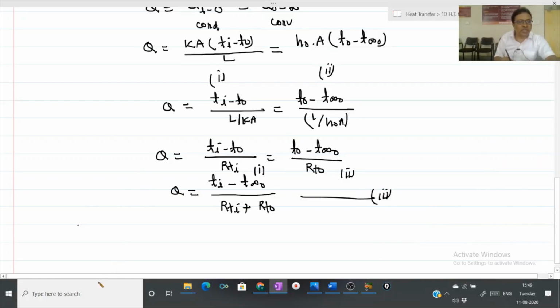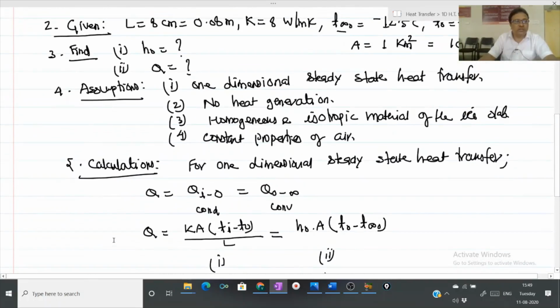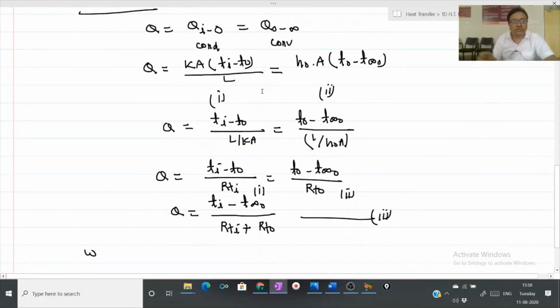Okay, now what I am supposed to calculate? I am supposed to calculate the value of convective heat transfer coefficient ho and then Q. So let us find out.